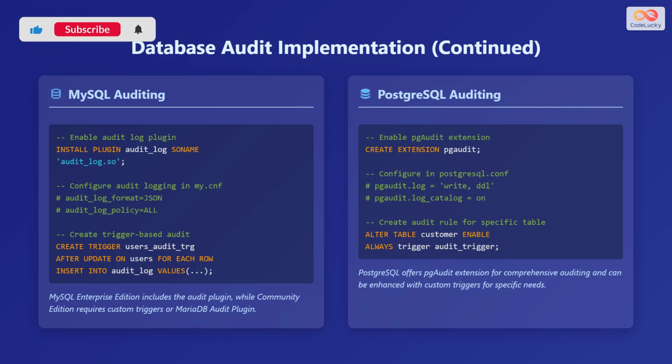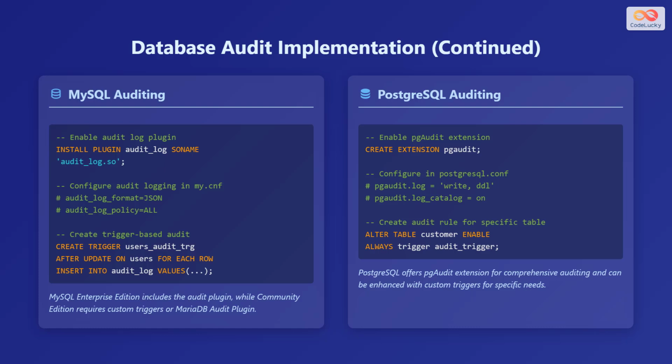Please note that MySQL Enterprise Edition includes the Audit plugin, while Community Edition requires custom triggers or the MariaDB Audit plugin. Now let's look at PostgreSQL auditing. To enable the pgAudit extension, use the command create extension pgaudit.